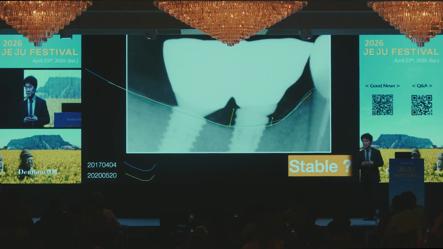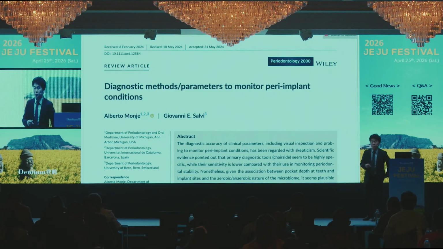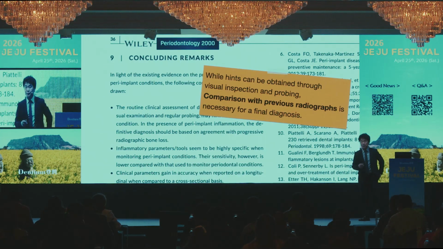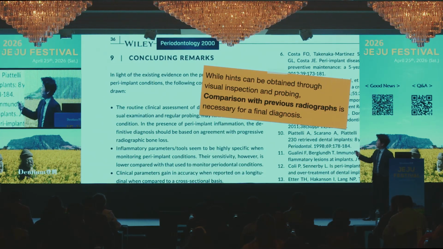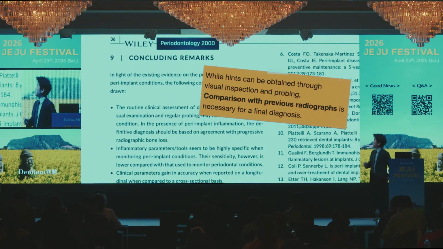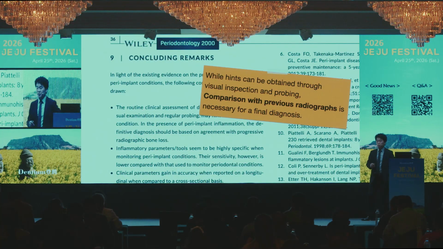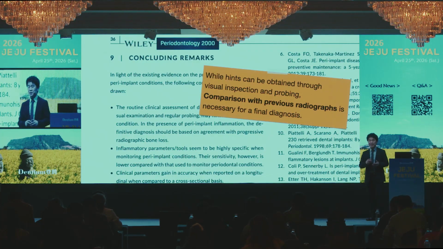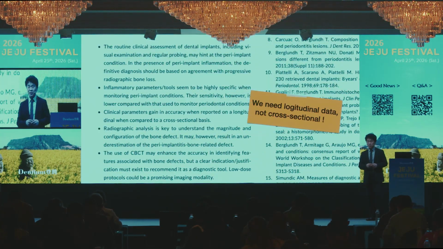So this paper is about the diagnosis of peri-implantitis. In conclusion, while hints can be obtained through visual inspection and probing, comparison with previous radiographs is necessary for the final diagnosis.